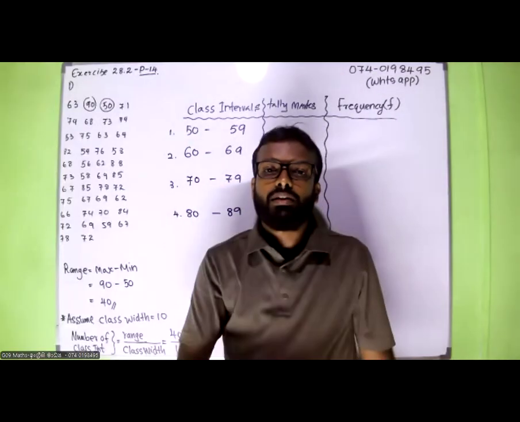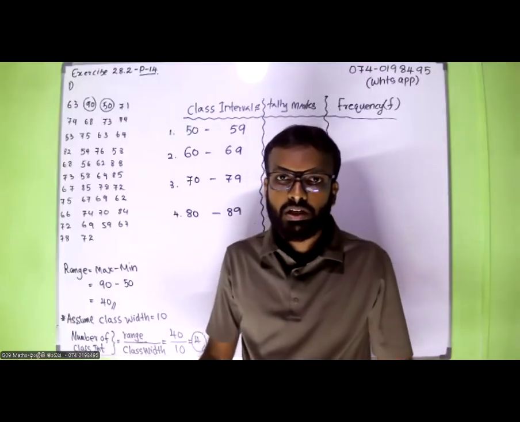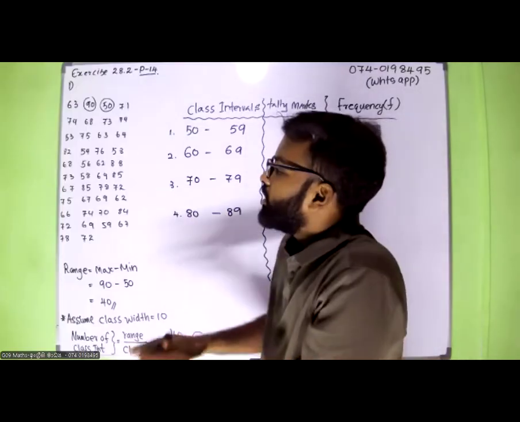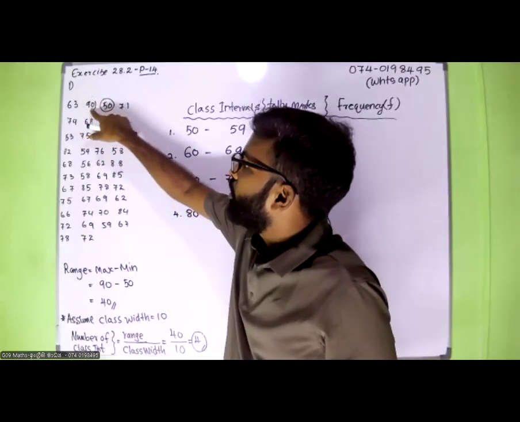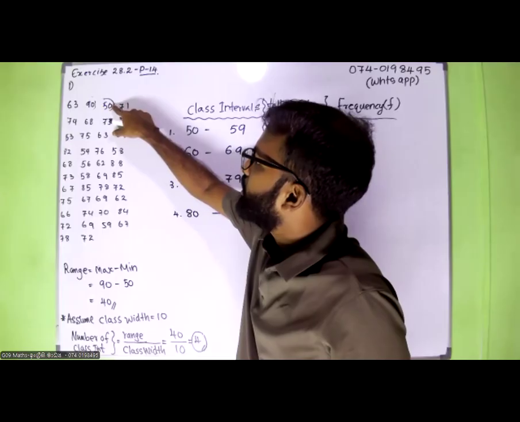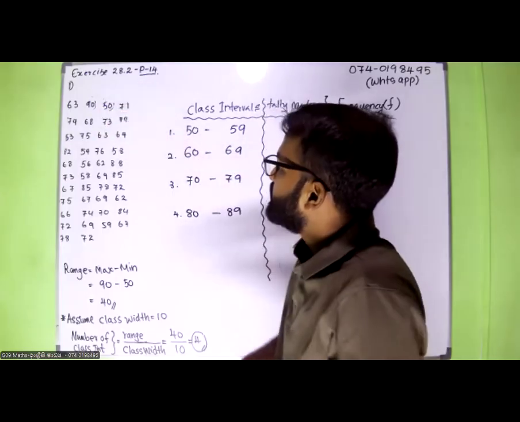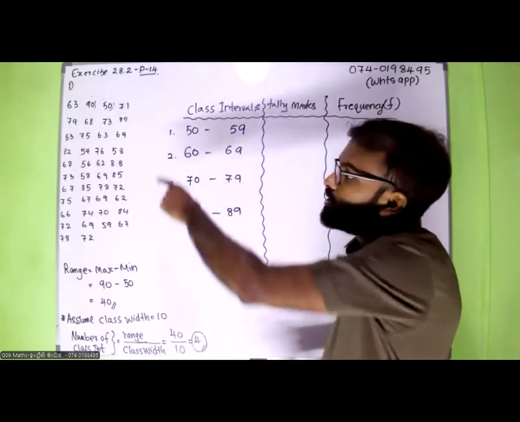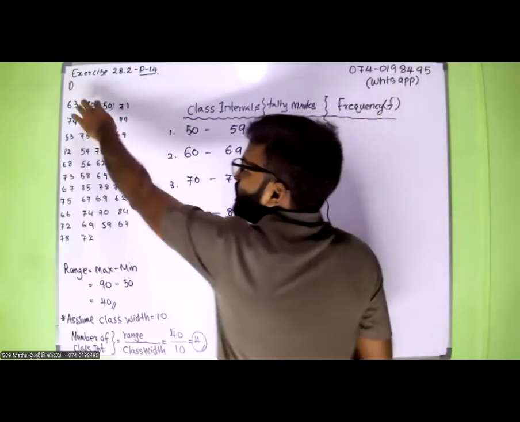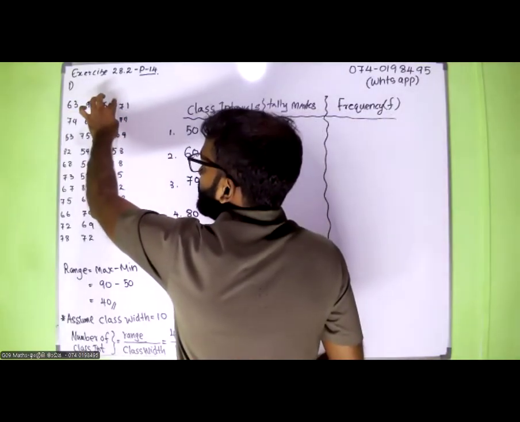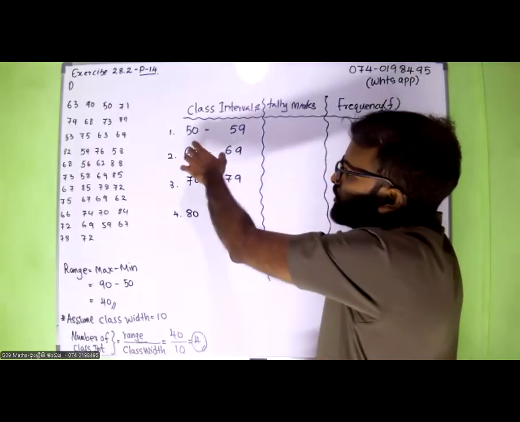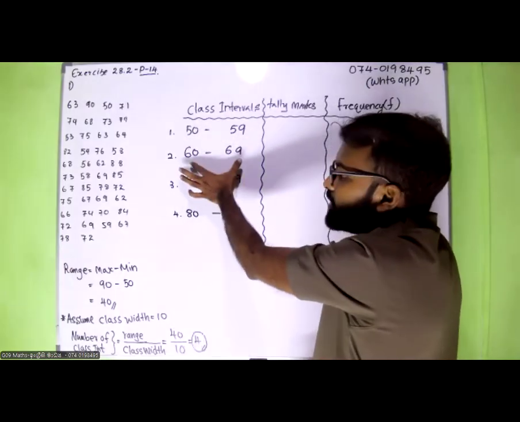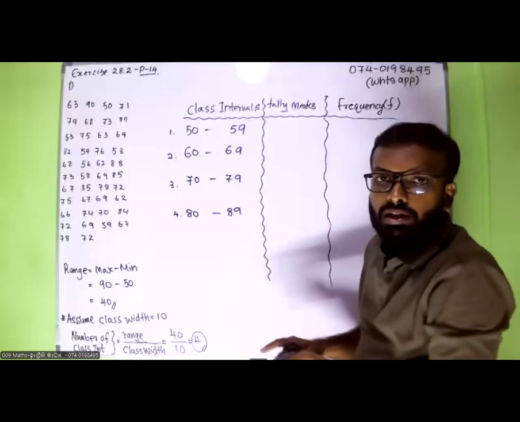Look at it. There is a question now. Think you are going to allocate these numbers into these class intervals. The first one is 63. In this kind of situation, 63 belongs to the second class interval, right?